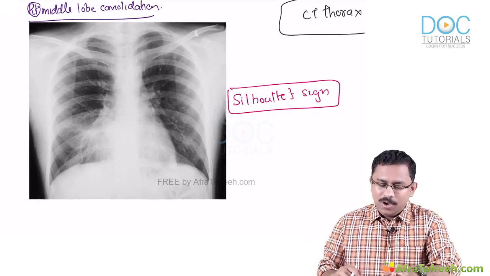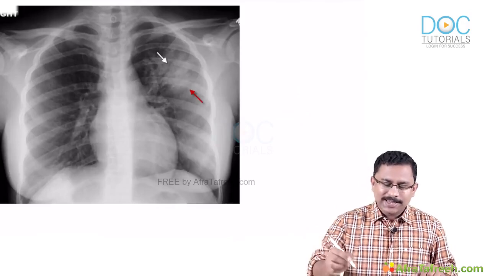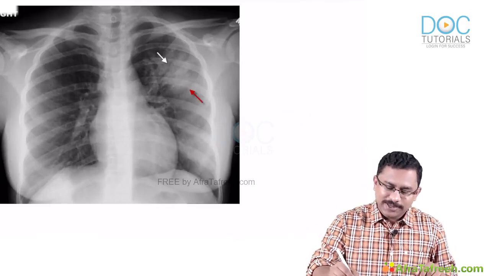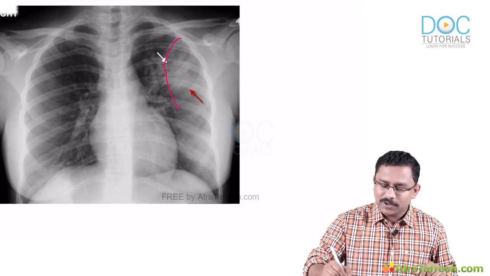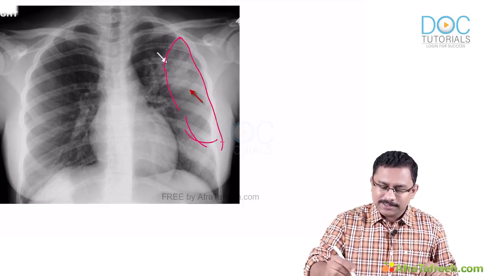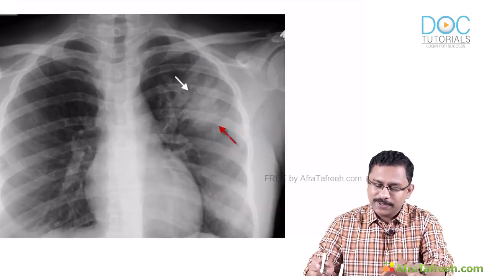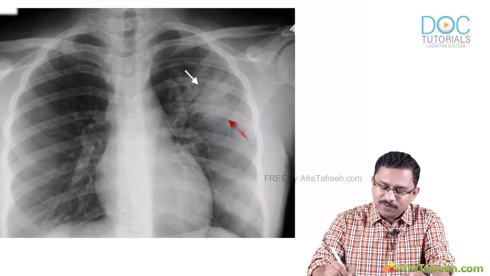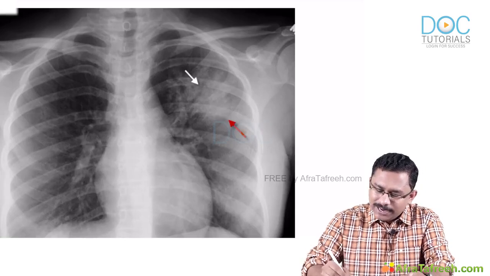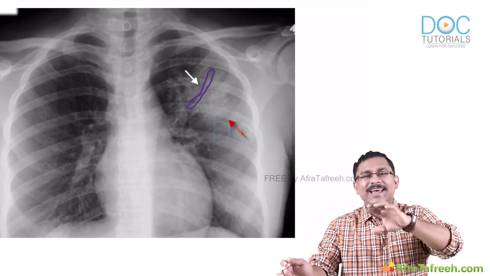Important. Now, next point, as you can see, there is definitely consolidation. Lobar consolidation is there. Along with this consolidation, I'm showing you this picture primarily for another point. You see the white arrow, you can see that there is a region where you can see the air.